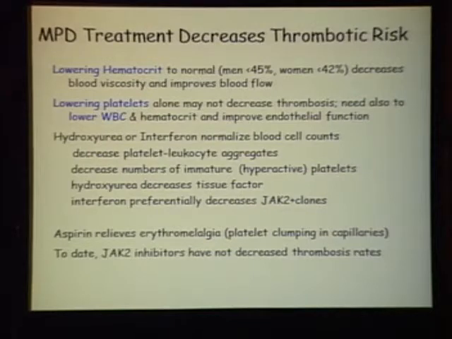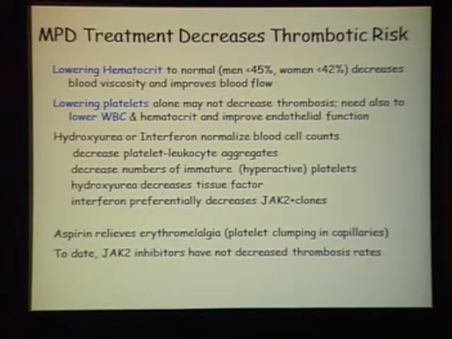Now, the treatment of the myeloproliferative disease does help to decrease the thrombotic risk. And the most important, I think, and this is particularly a favorite subject of Dr. Spivak, is that lowering the hematocrit into the normal range, which decreases blood viscosity and improves blood flow, is very important in decreasing the thrombotic risk.